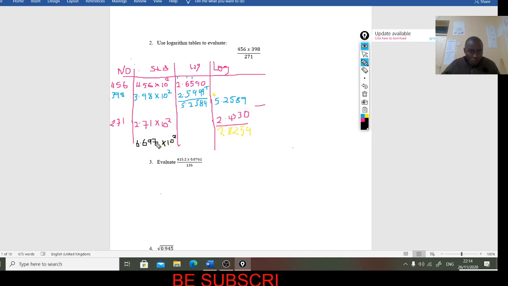So if I move to power 2, I move 2 steps. So the number is our answer, which is x. We are looking for x.